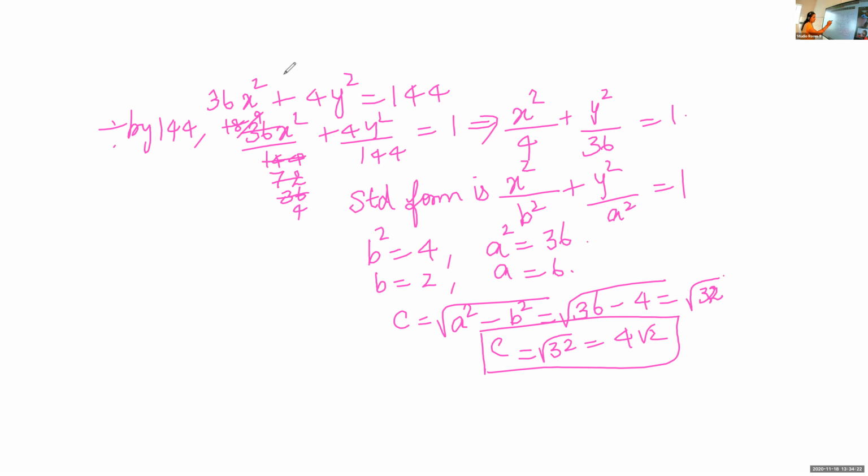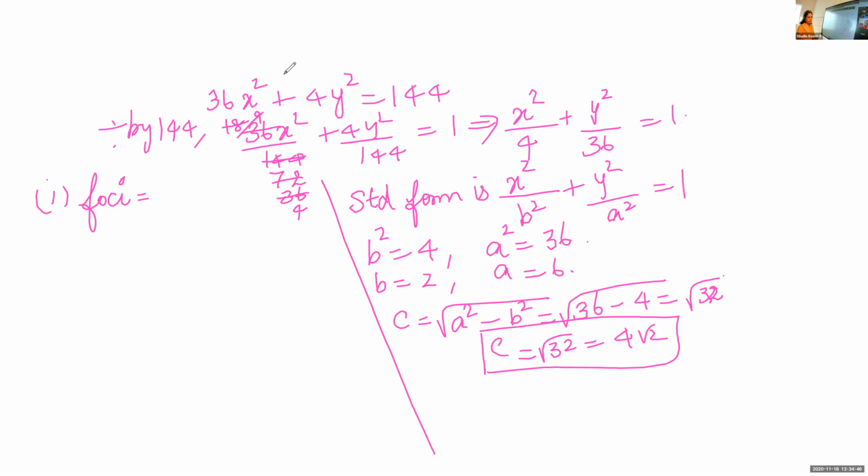After we find c, what are the things needed? What is the first one asked? First one is coordinates of the foci. Which is the major axis here? Y-axis, isn't it? Y-axis is the major axis.